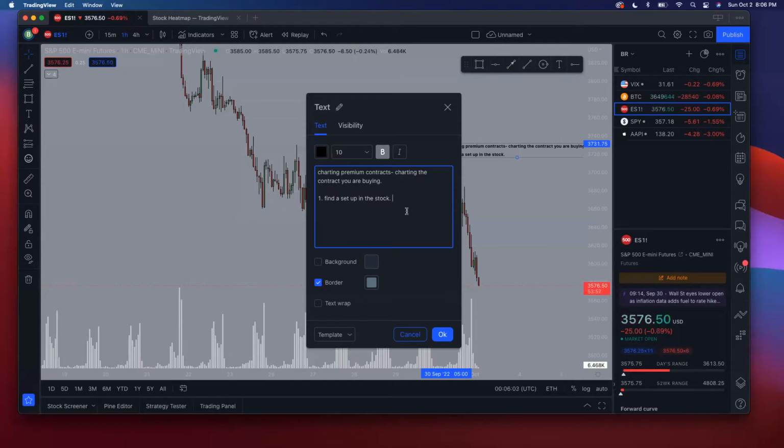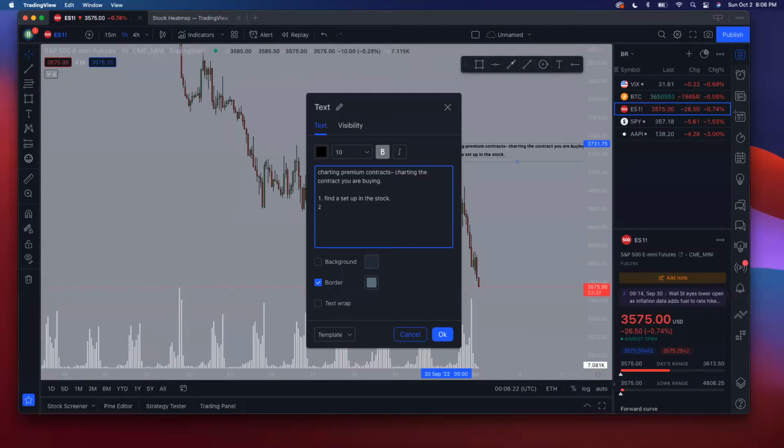Whether you're looking at Apple, SPY, or Microsoft, you want to find a setup that looks good in the stock. And those of you who have been here a while know, break and retest is my thing. So personally, I'm looking for a break and retest, and from there you find a setup.